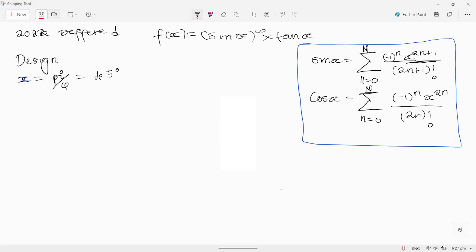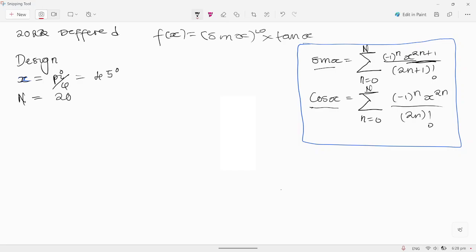Then we need to define the upper limit n, which is going to be equal to, let's say, something like 20 is all right as our upper limit. Then what we realize in MATLAB is that it's hard for us to get the summation for tan x. That's why I've just written the summation for sine x and the summation for cos x.